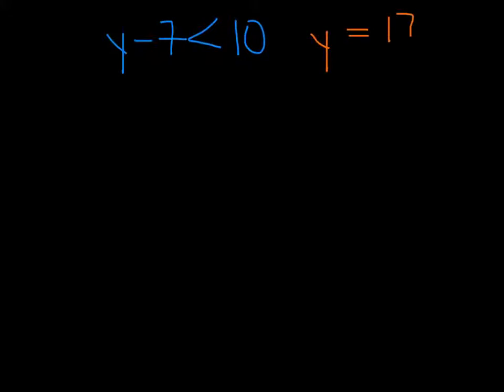Let's do this one. y minus 7 is less than 10. And what if y was equal to 17? Let's see if this one works out. We know that y is equal to 17, so we're going to put that into this inequality.